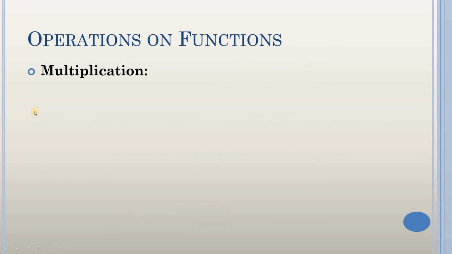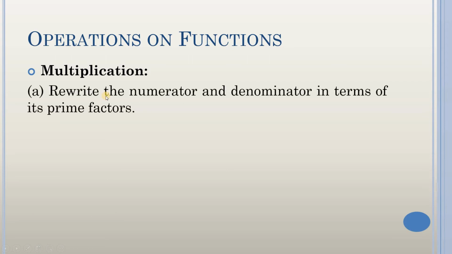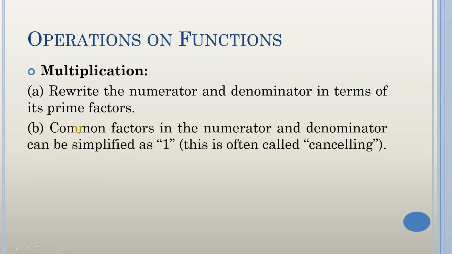Next, operations on functions by multiplication. The guidelines: rewrite the numerator and denominator in terms of their prime factors. Letter B, common factors in the numerator and denominator can be simplified to 1.